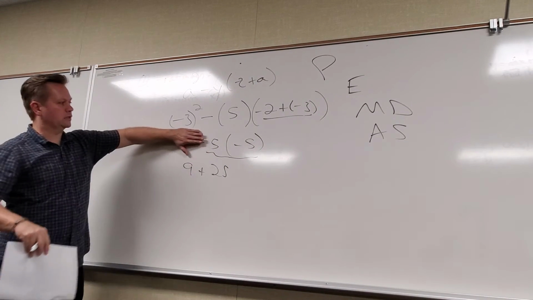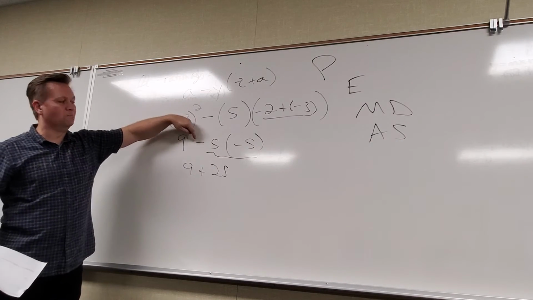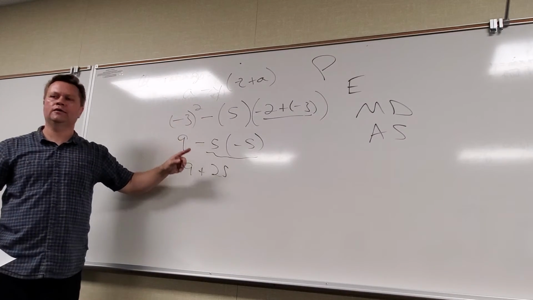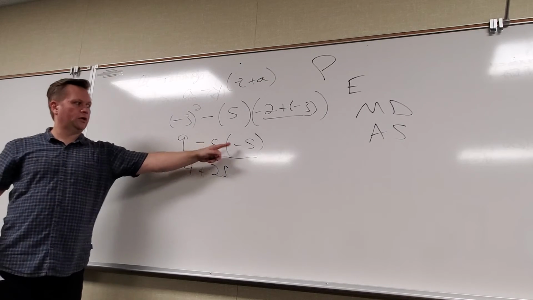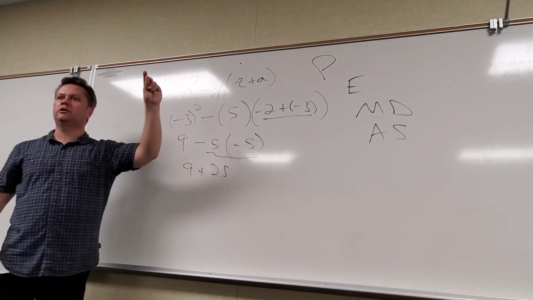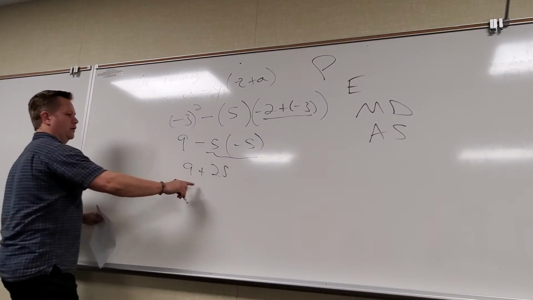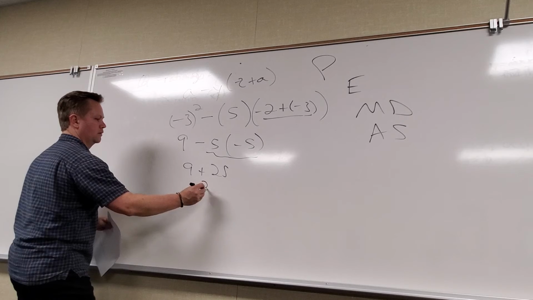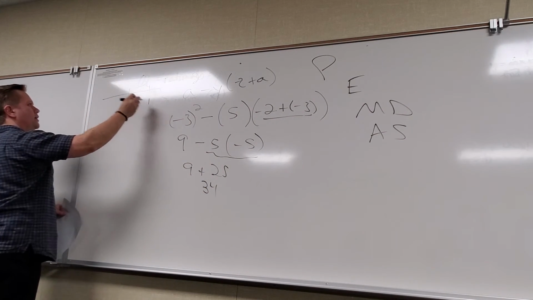Now, if you look at it like this, what's 5 times -5? -25. But then what's 9 minus -25? 9 plus 25. Those two negatives will cancel each other because they do eventually multiply. And of course, what's that? 34.